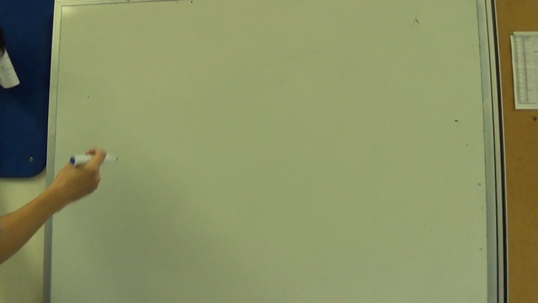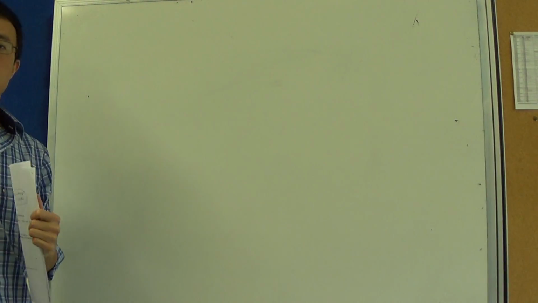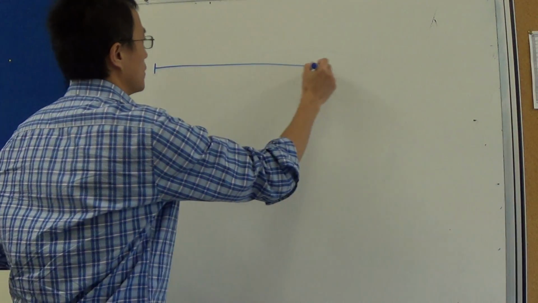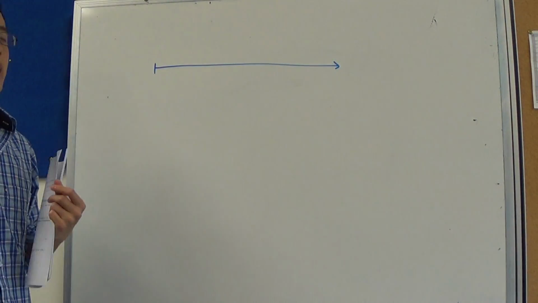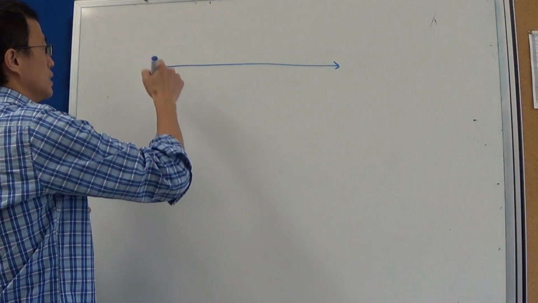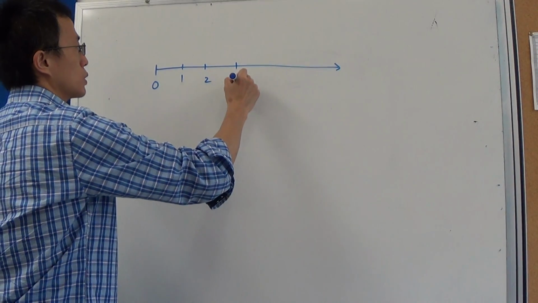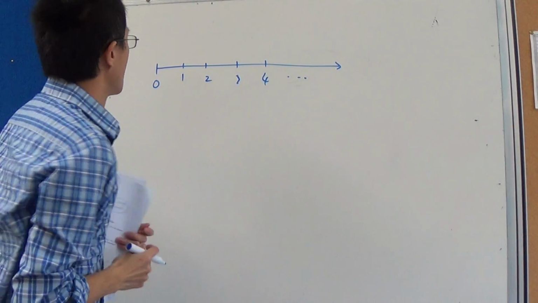Okay. When you are calculating the present value of benefits and costs which occur in the future, it's always good to use a timeline to denote the cash flow pattern. This is year 0, 1, 2, 3, 4, and so forth.